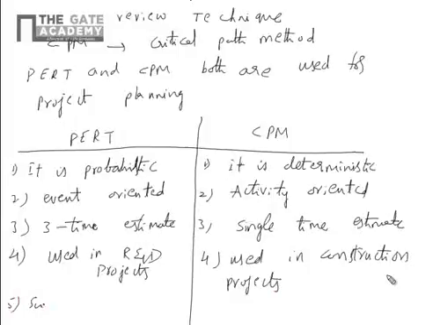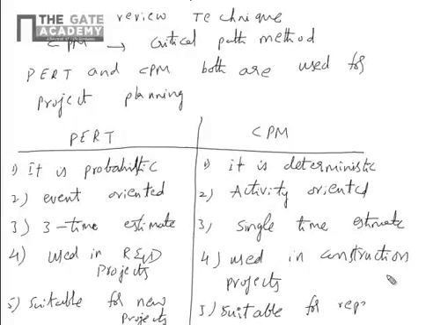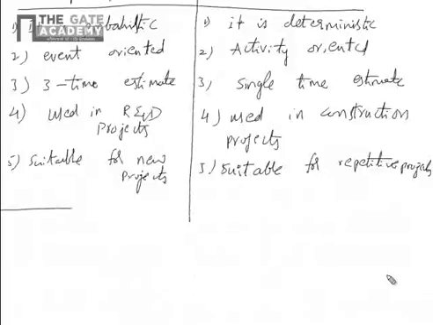PERT is suitable for new projects, fair new projects. CPM is suitable for repetitive projects. That's the difference between PERT and CPM.